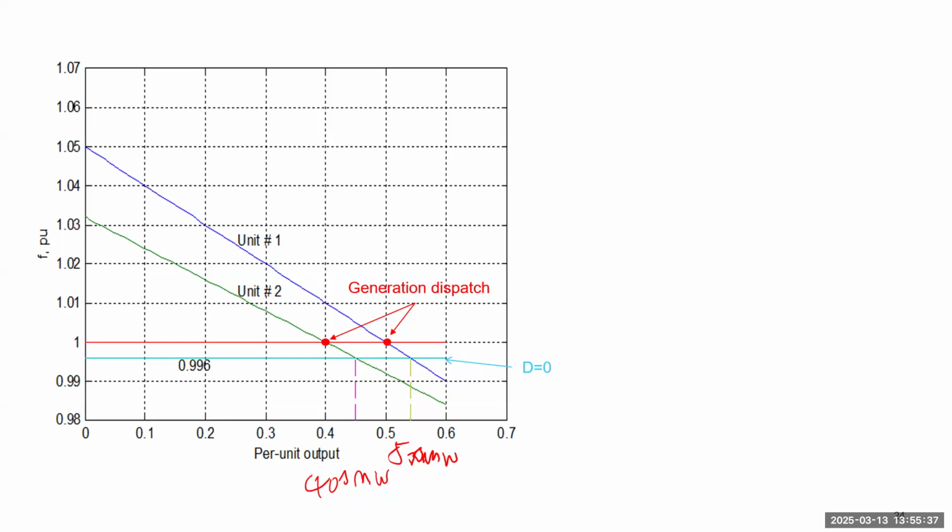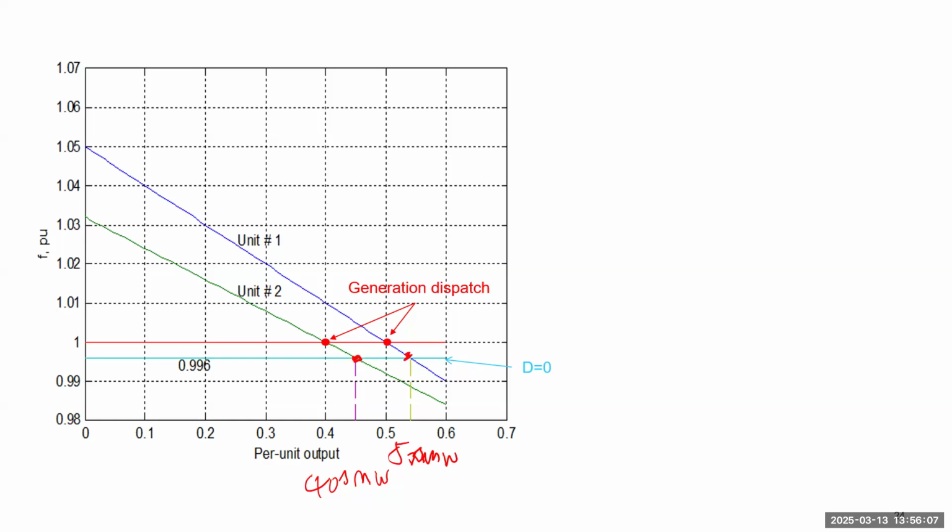Based on our calculation, the frequency will drop to 0.996, okay? By decreasing this frequency, you see both intersection points will move to the right. That will increase the output from 400, 500 to maybe 450 and 540, just making a total increase of 90. So now the new operating point will be those 2 points.